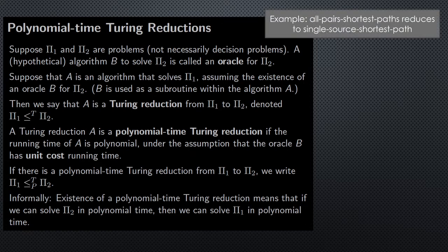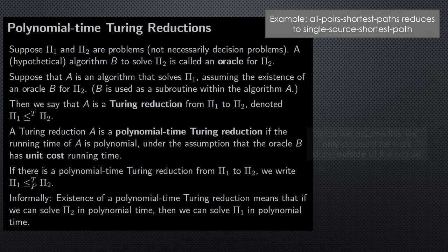Okay? And, for example, we could reduce all pairs shortest paths to single source shortest path, right? So I mentioned this in my sections, probably the other sections mentioned something similar. You could reduce all pairs shortest paths to single source shortest paths by making a bunch of calls to a solution to single source shortest path. You could make a bunch of calls to Bellman-Ford, the oracle would be Bellman-Ford. You combine the output to get your output matrix of distances.